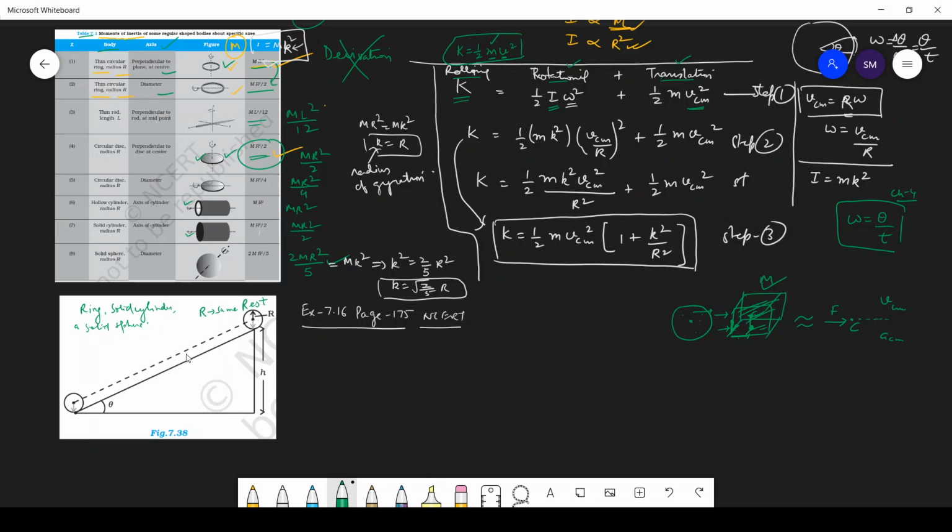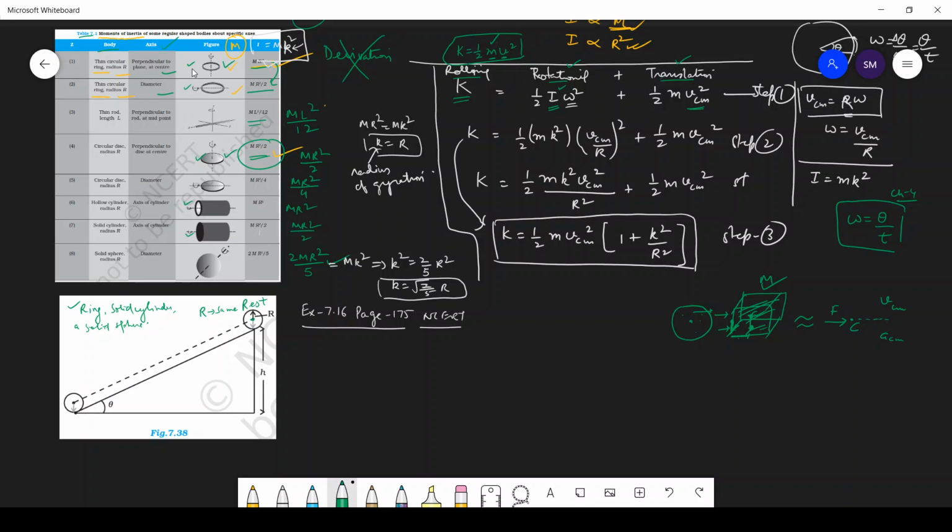Now these bodies are rolling down, and the important point is that this I will be different for different bodies. Even if the body is the same but the axis of rotation is different, then also I will be different. So what are the cases? We have a ring, with the axis of rotation passing through the center.